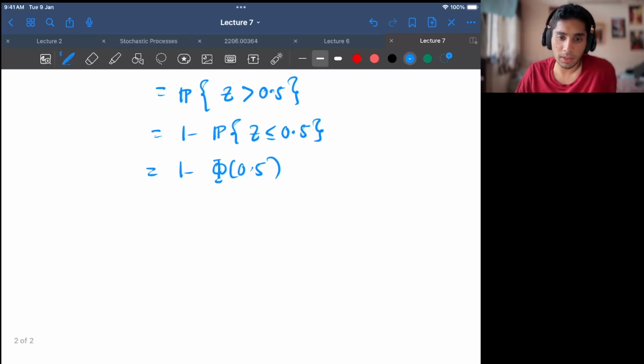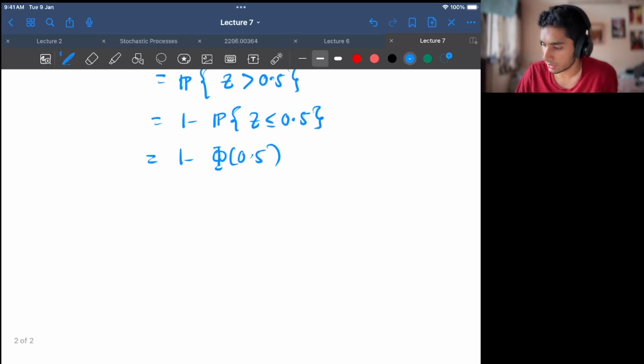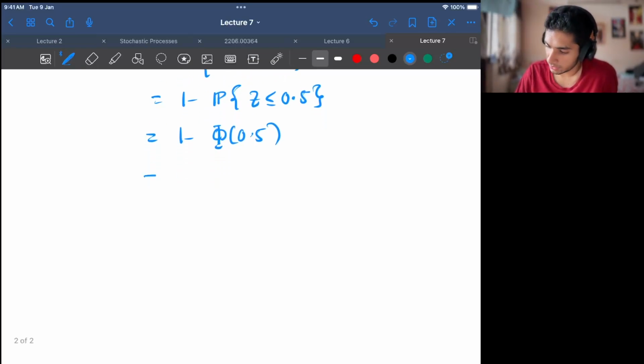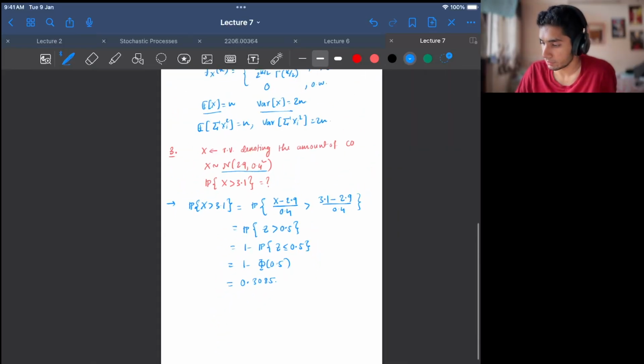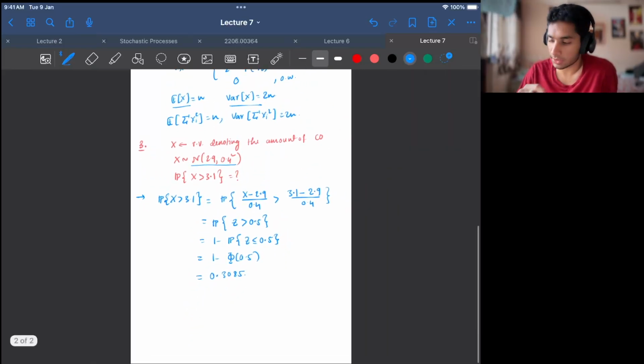Now you can look up the table of standard Gaussian integral, and this apparently comes out to be 0.3085. Okay, so not a tough question, just another question on the lines of what we had seen last time.